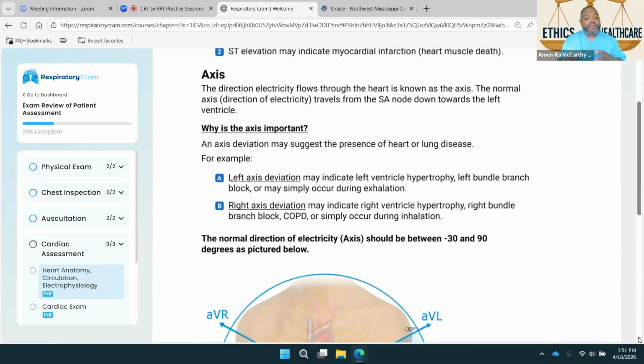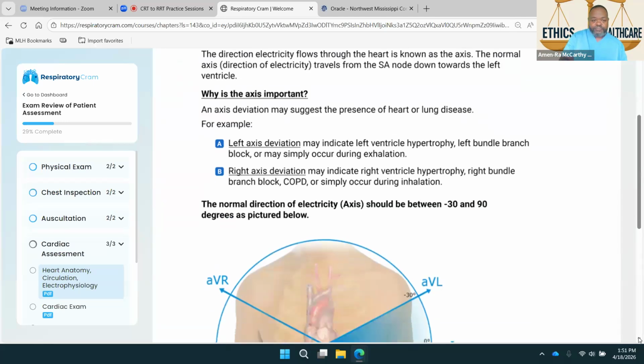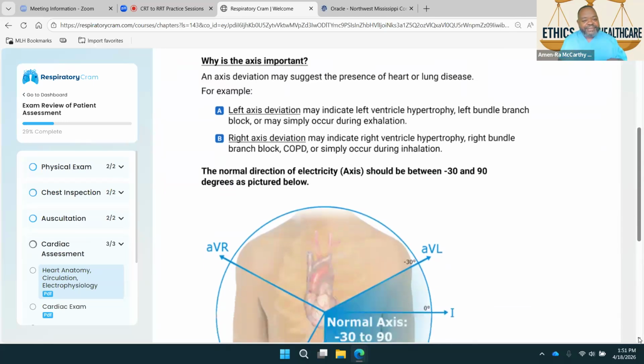But the axis is the direction electricity flows through the heart. That's known as the axis. The normal axis, which is the direction of electricity, travels from the SA node down towards the left ventricle, right? Why is that important? Well, an axis deviation may suggest the presence of heart or lung disease, right?